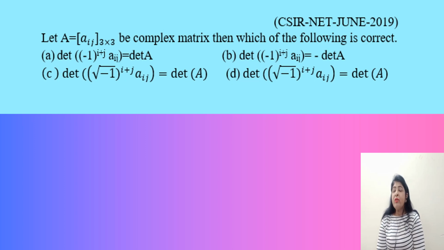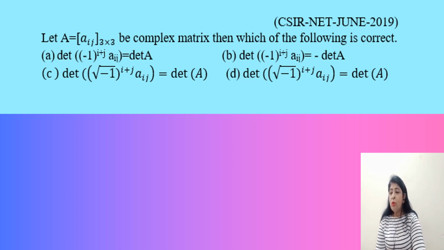Determinant of minus 1 raised to power i plus j aij is equal to determinant of A, or is equal to minus determinant of A. C is the determinant of under root minus 1 raised to power i plus j aij, equal to determinant of A, or minus determinant of A. Just do the correction here: it will be minus determinant of A. This question was asked at CSIR NET June 2019.